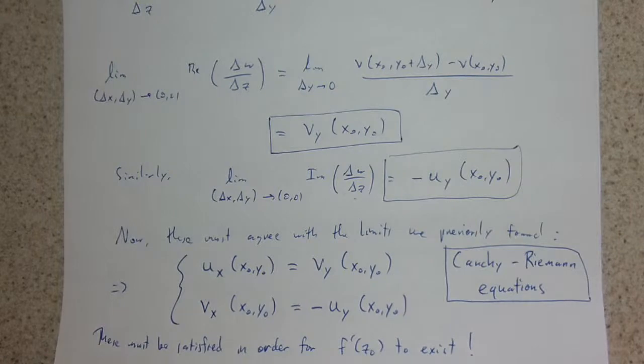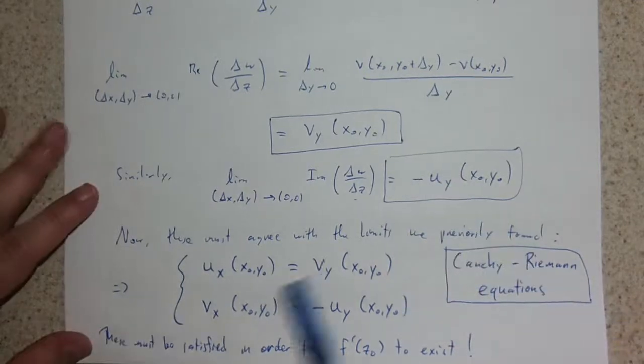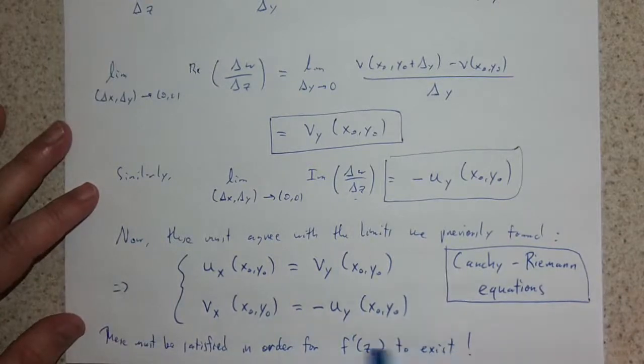Okay. So this is the big fact here. Regardless of how they're stated, you can move this minus sign over here if you like. These are the Cauchy-Riemann equations. We assumed that this is going to exist, and we showed that if it's going to exist, then this has to hold.